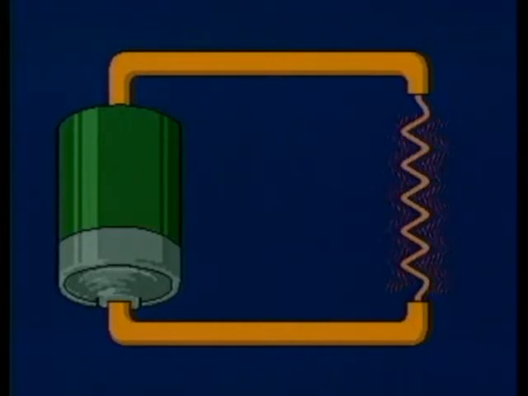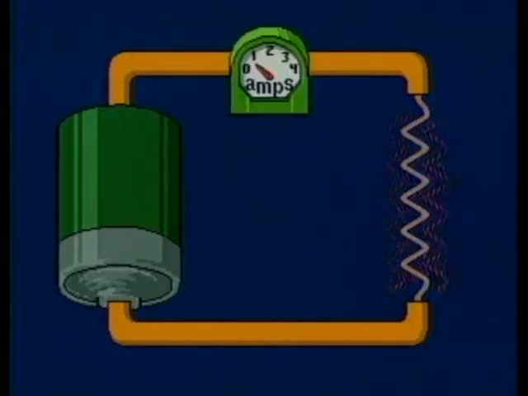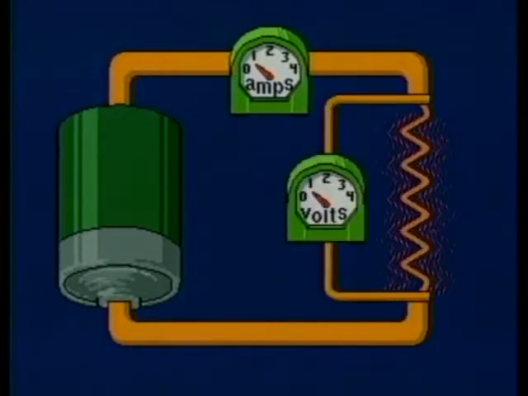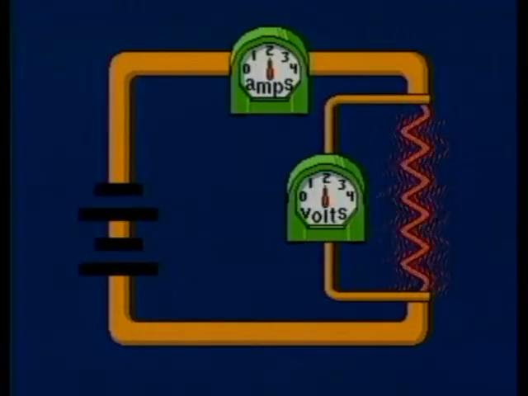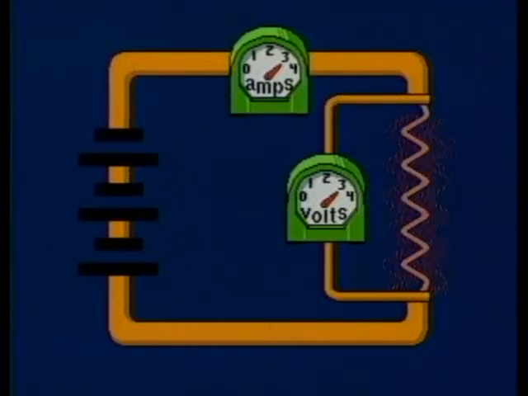The resistance of the resistor is defined in terms of the current passing through it and the potential difference across it. By adding more cells, we can change the potential difference across the resistor. Note, when this is done, the current flowing through the resistor is also increased.